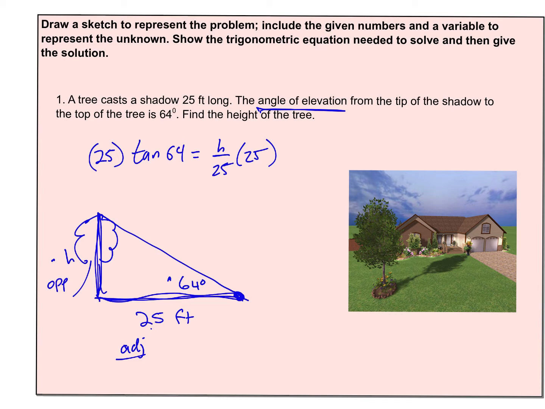Multiply it by 25. You end up getting 51.26 feet. And that's an answer that makes sense, because it should be around 50 feet if it's leaving a 25-foot shadow. So that's a pretty good answer.